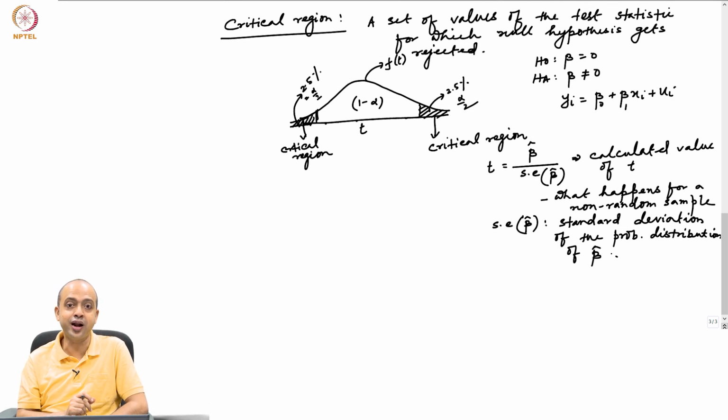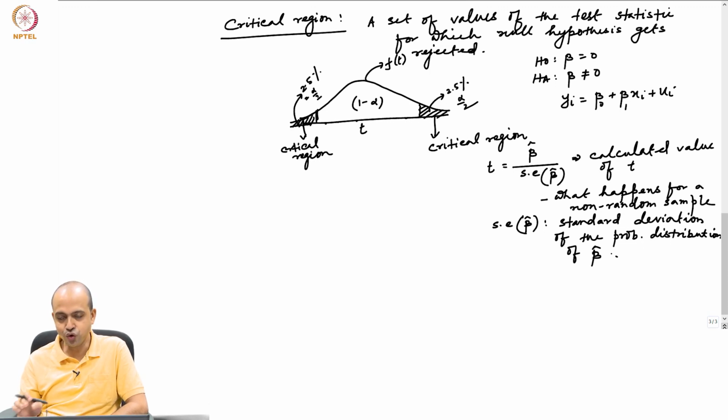which we can get only when the sample is random. But that does not mean that I will be collecting actually so many samples from the given population, but that randomness should be there, so that by the distributional assumption of the error term, we can ensure that a distribution is possible to get for the estimated parameter beta hat, and standard error of beta hat is also possible to get.